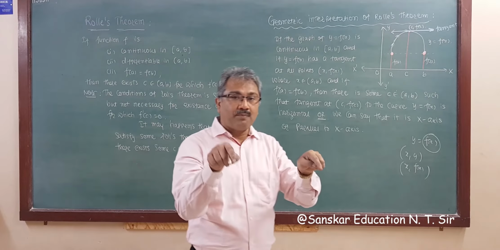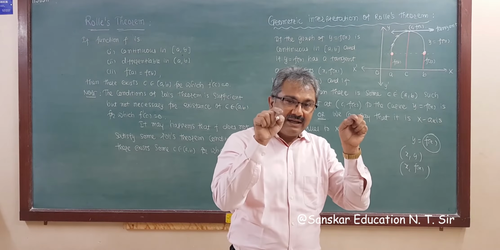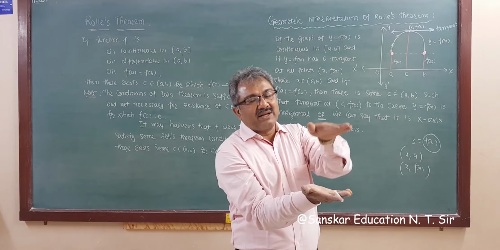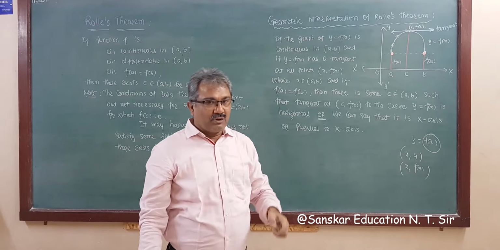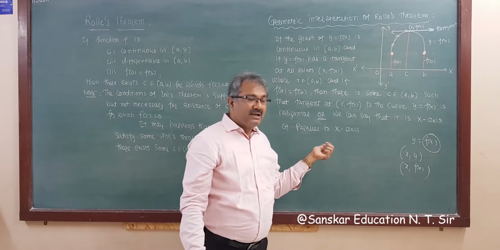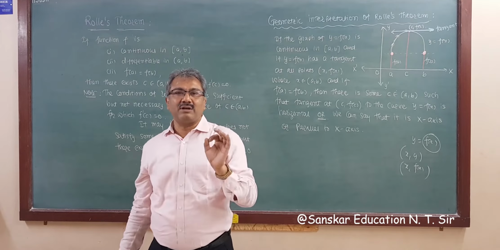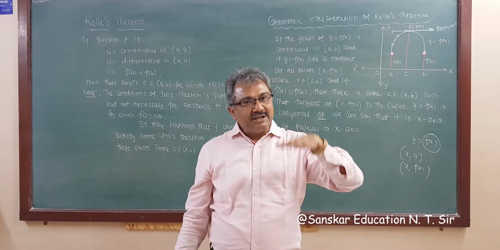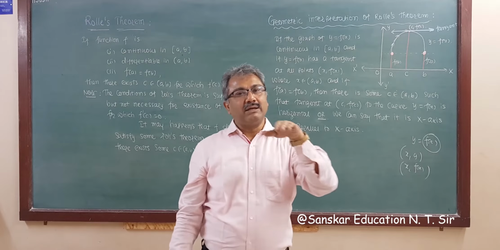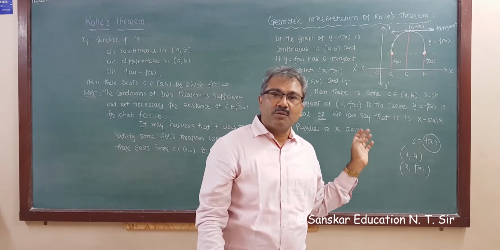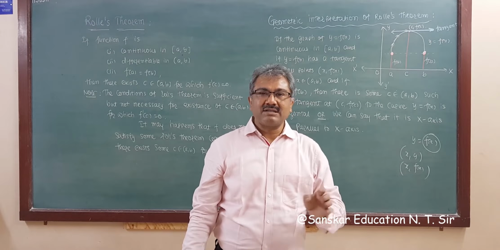F dash c is the slope, and if the slope of a line is 0, then the tangent is parallel to the x-axis, because all horizontal lines have slope 0. So you have to remember this for the geometrical interpretation of Rolle's theorem: the tangent at any point is always parallel to the x-axis. That is the geometrical interpretation of Rolle's theorem.